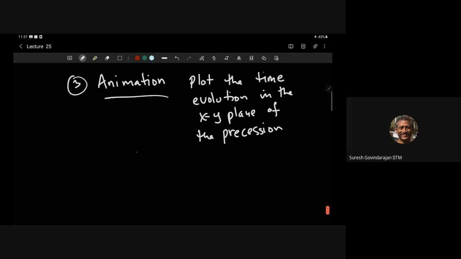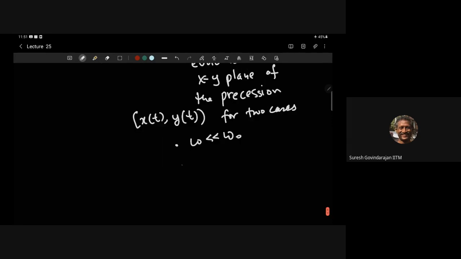That means you want to plot x of t, y of t, which solve the differential equation, for two cases. The second case is when omega is comparable to omega naught. And you can animate.